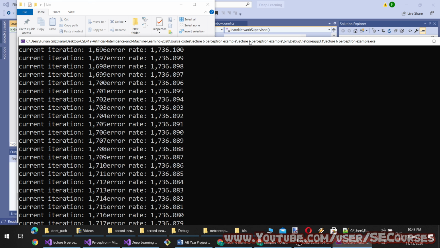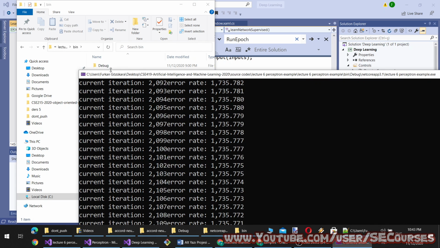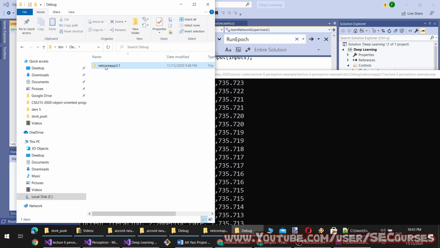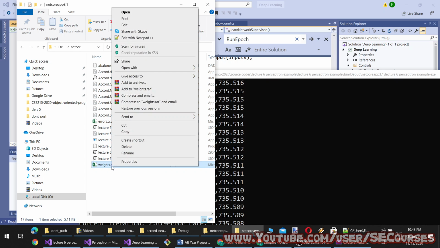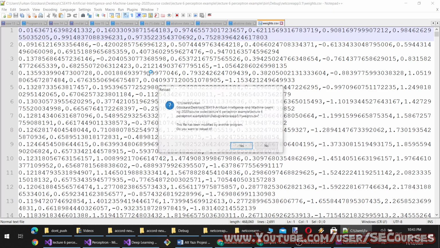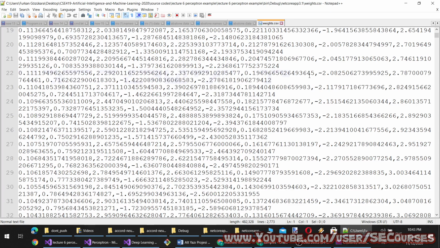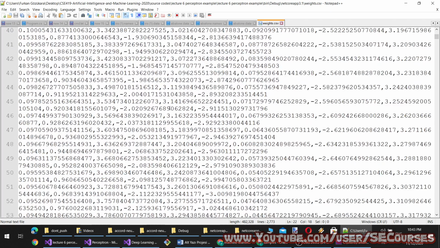Yeah, it is still getting reduced, but it is really slow. You see the number of iterations. It may take a very long time to get a better error. Okay, there is a weight file. Okay, you see the weights are updated.